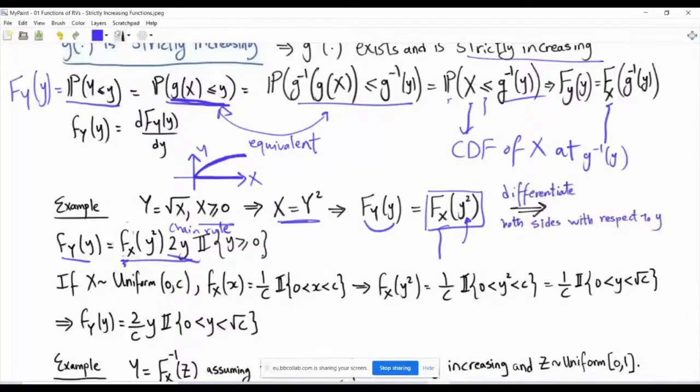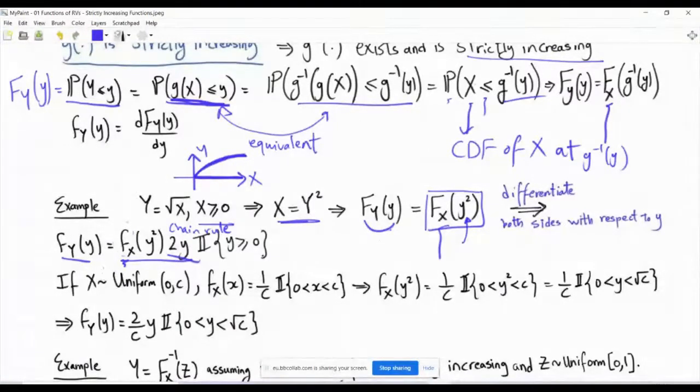The inverse of the function means that you start with y written in terms of x, and express x in terms of y. Then you get the CDF of the new random variable big Y. If you are interested in its PDF and the CDF is differentiable, then you differentiate and apply the chain rule.